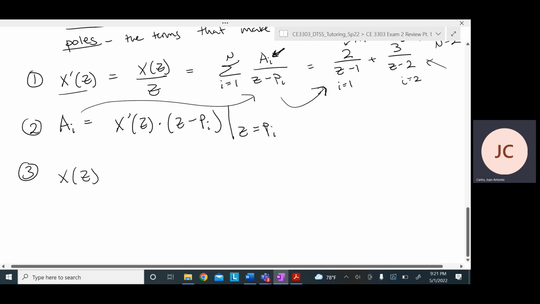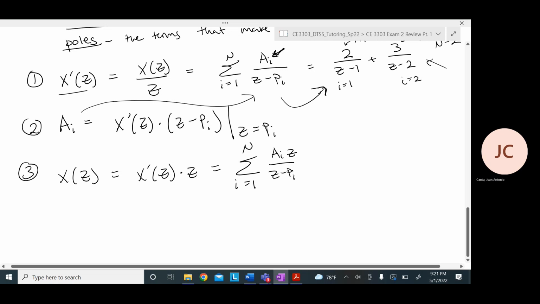So x of z is equal to x prime of z times z. And remember, x prime of z we said was equal to this summation from i equals 1 to some upper limit n of a sub i over z minus p sub i. Because we're multiplying by z, we'll add z right there. So a sub i times z over z minus p sub i.